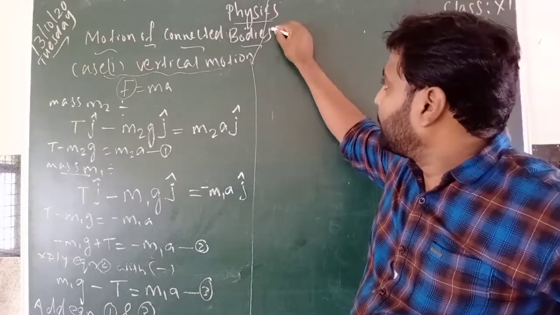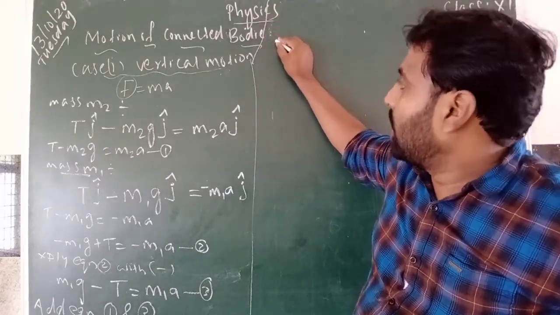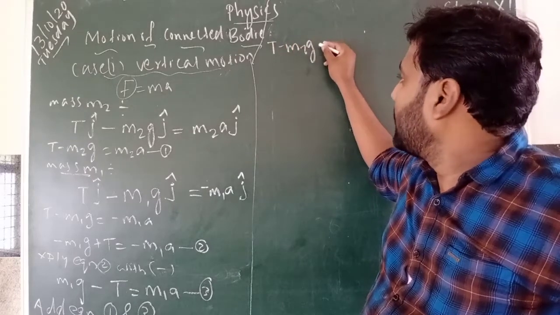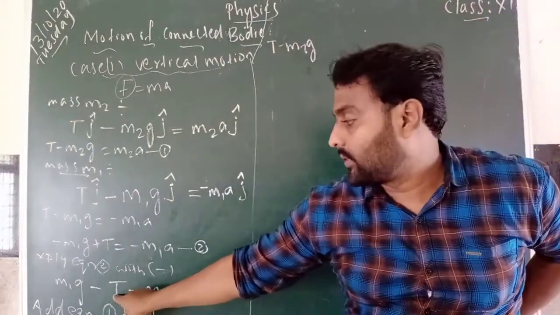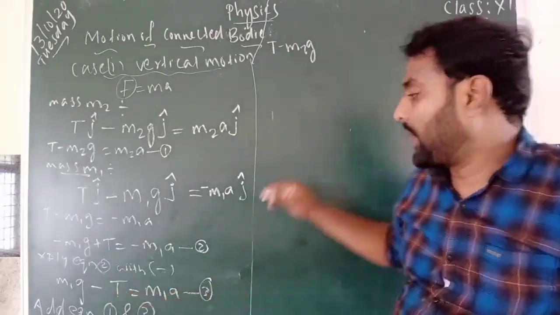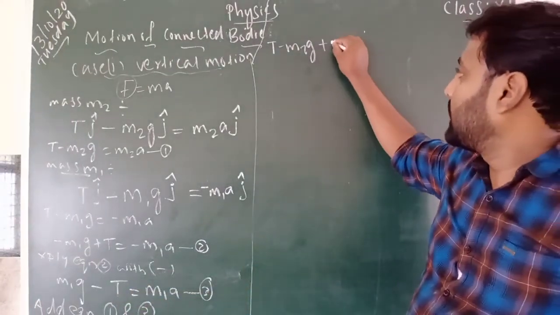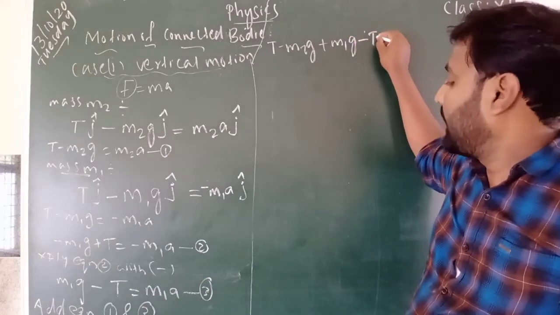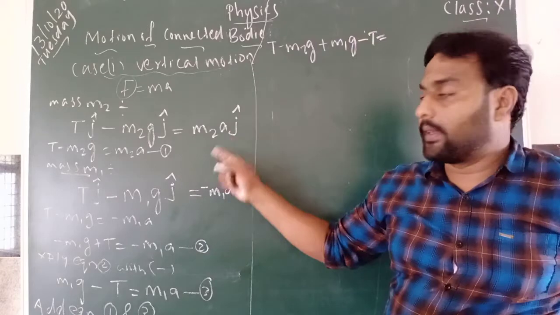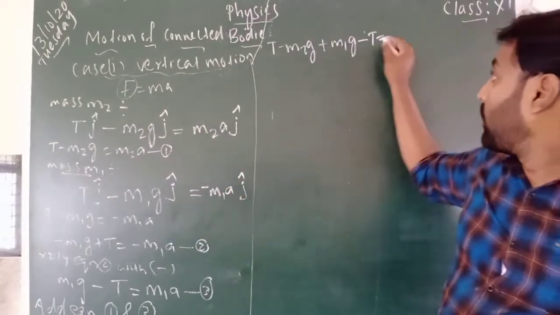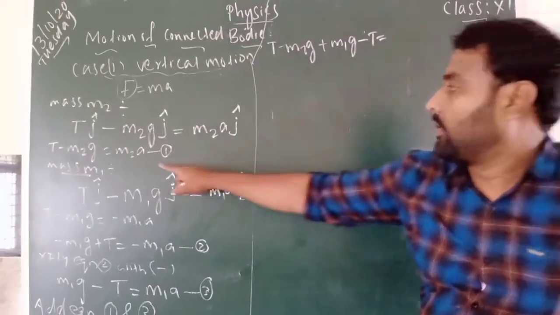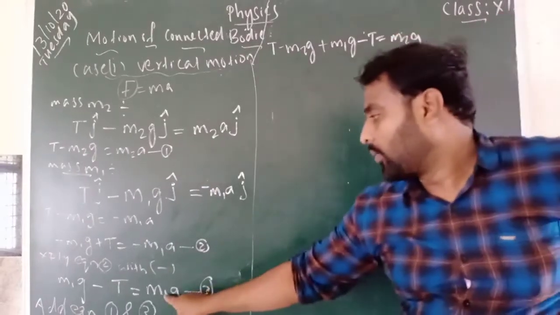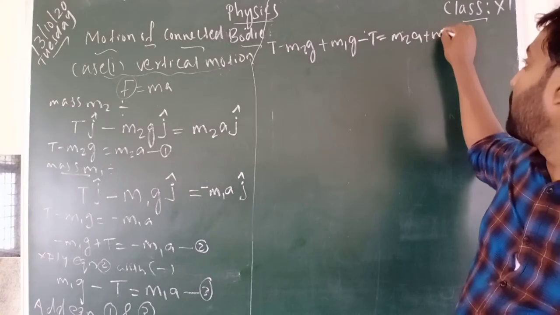So what will come? Equation 1: T minus M2 G. Now the left side of equation 3 you write plus M1G minus T equal to, now on the RHS side you write M2A plus M1A.